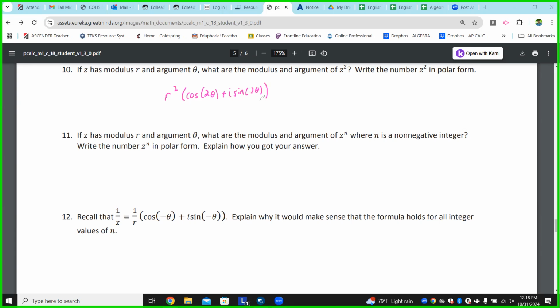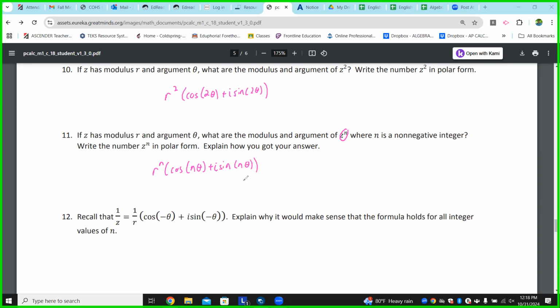You'll all agree with this statement? So if you agree with this statement, how can we write a formula for every single answer to any n power? Very good. So you now have a formula.